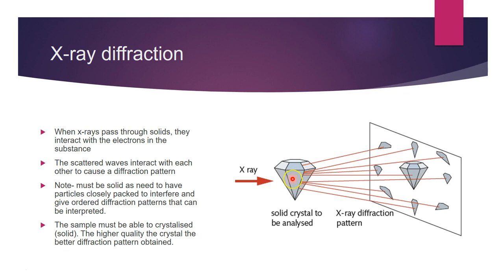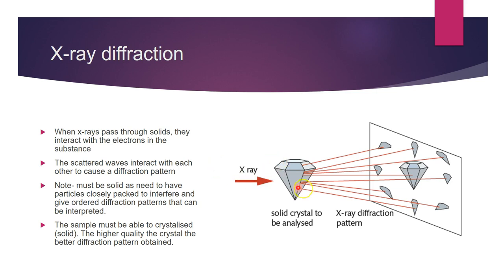When we have high quality crystals, we can subject them to X-ray radiation. What this will do is cause what we call a diffraction pattern. This diffraction pattern gives us regular arrangements that can be interpreted and turned into the structure of the compound.